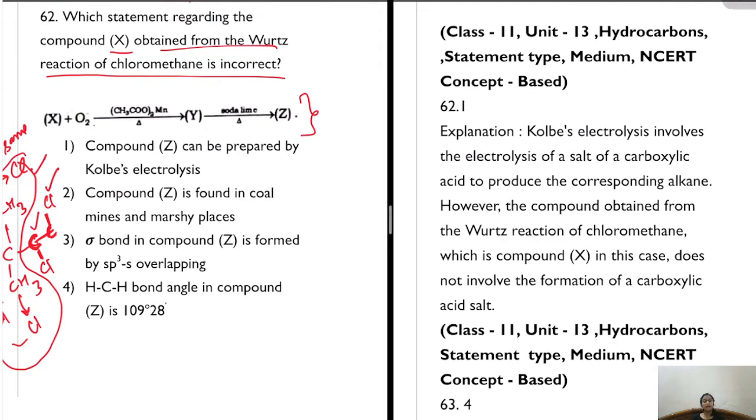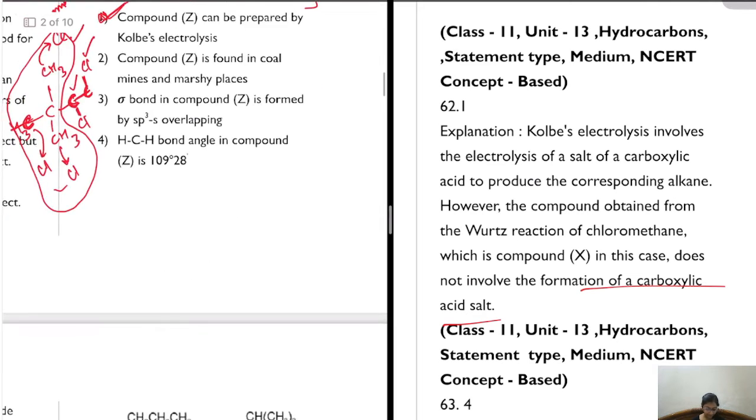See what is required in Kolbe electrolysis: it involves the electrolysis of a salt of a carboxylic acid. But in the Wurtz reaction, we get a carbon-carbon bond and we do not have the acid. So this is the wrong statement and this would be our answer. It does not involve a carboxylic acid, so how can we have Kolbe electrolysis?